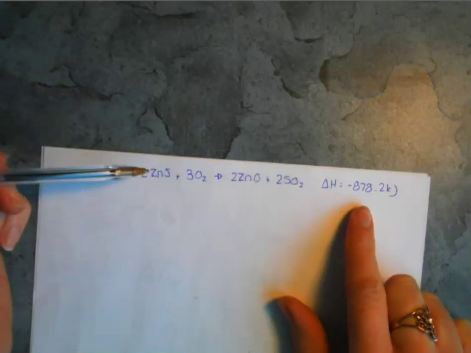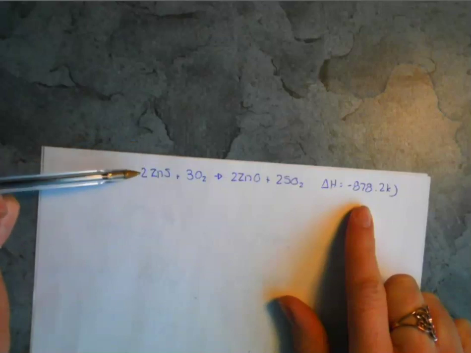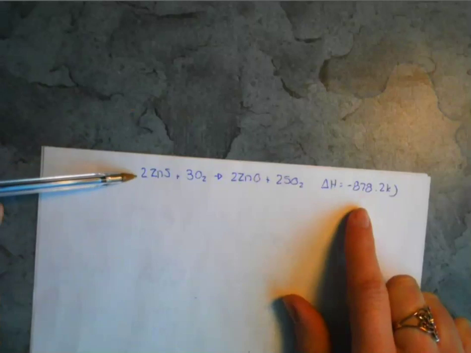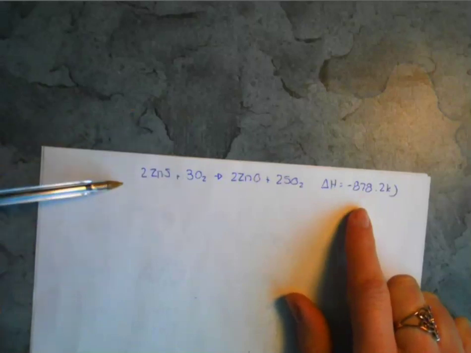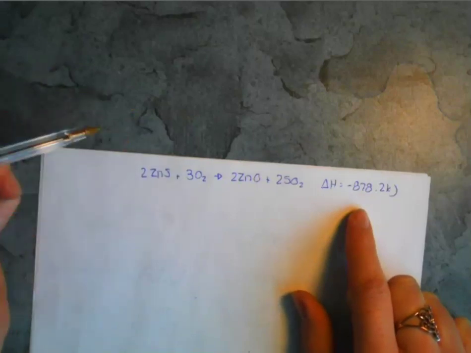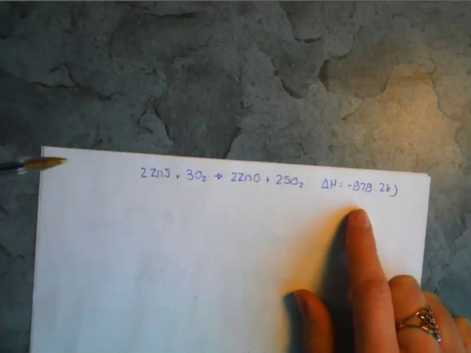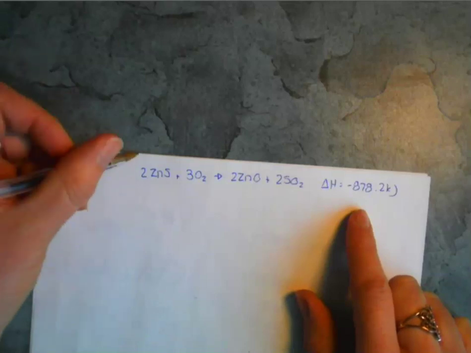They want you to figure out how much energy would be released for a certain number of moles of a substance. So in that case, you need to know what the molar enthalpy is of that substance before you can solve for any number of moles how much energy would be released.